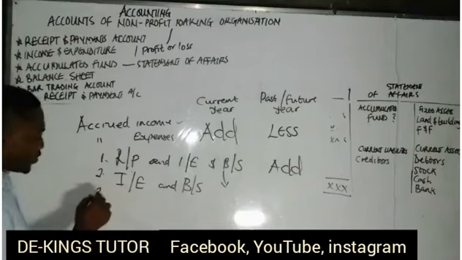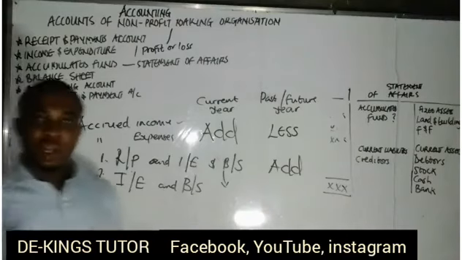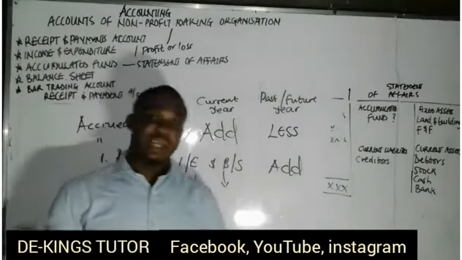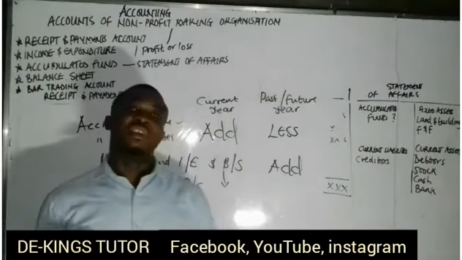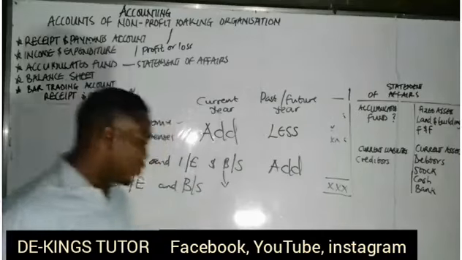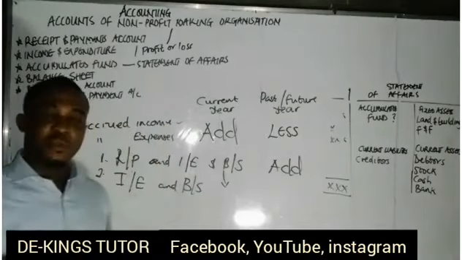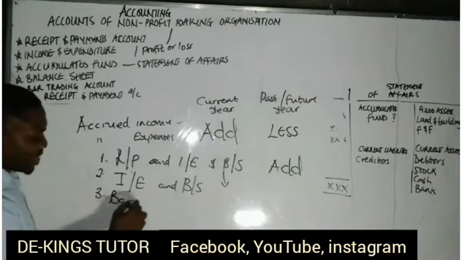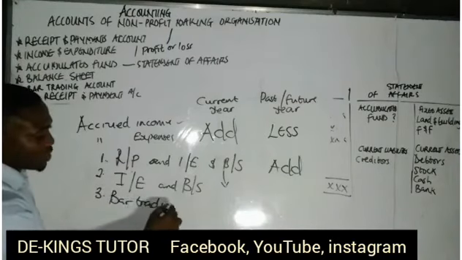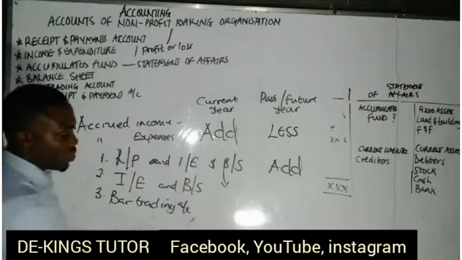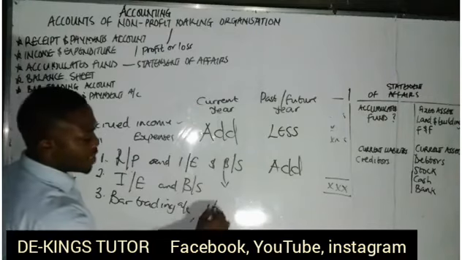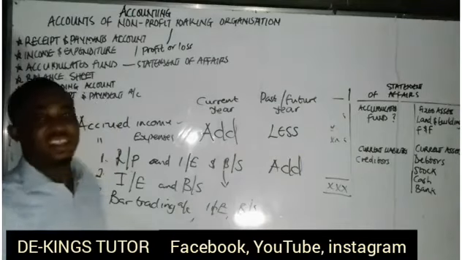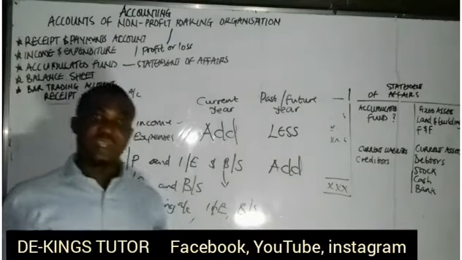The third one is when the club involved, the non-profit making firm, is into a trading activity. They will ask you to prepare a bar trading account, then you prepare income and expenditure, then you prepare the balance sheet. These are the 3 ways the question might come.